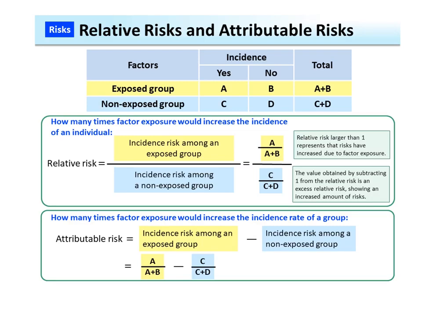However, attributable risk assesses how many times factor exposure would increase the incidence rate of a group, not an individual. This is the main difference between the two. How it's calculated: it's the incidence risk among an exposed group minus the incidence risk among a non-exposed group.